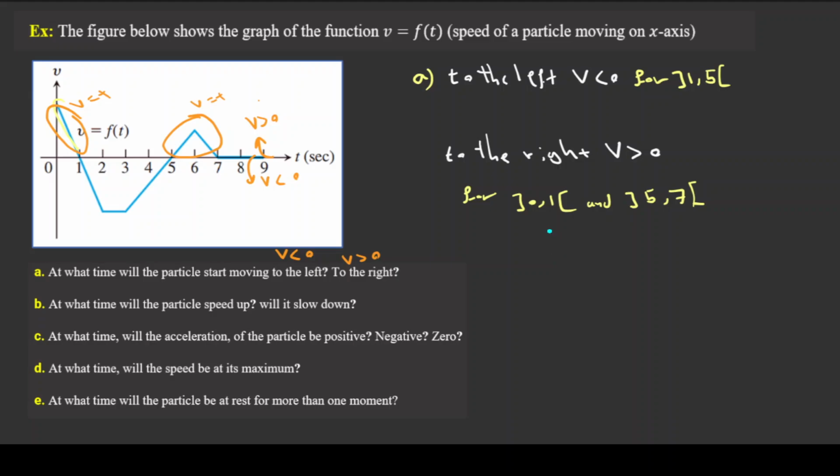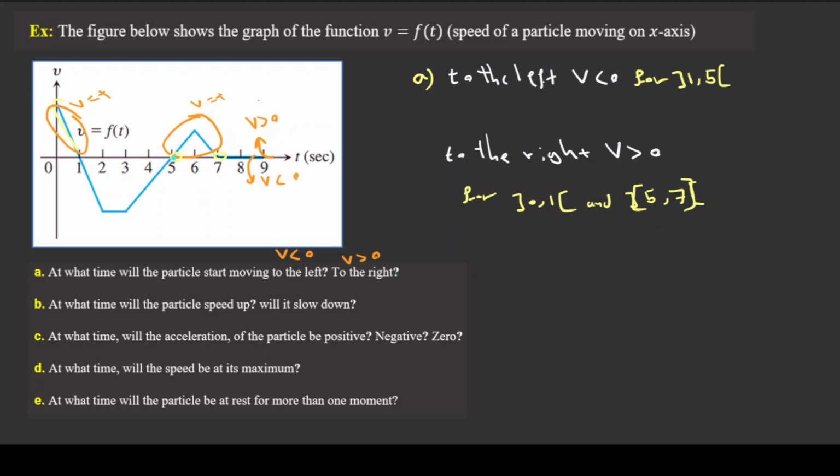And don't forget guys, the interval will always be open. Like in chapter 4 for increasing and decreasing, when we used f prime to say where f is increasing and decreasing, we used open intervals. Why? Because if I wanted a closed interval of 5 to 7, it would include 5 and include 7.